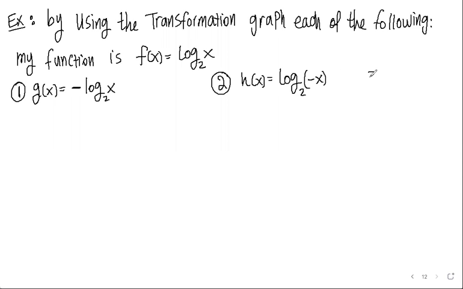Number 3, d of x equal log 2 to the x plus 2, or I make it 2 plus logarithm of x, equal 2 plus log of x to the base 2. Who will do the first one? Or give me the idea for the first one. What is the meaning of minus here?